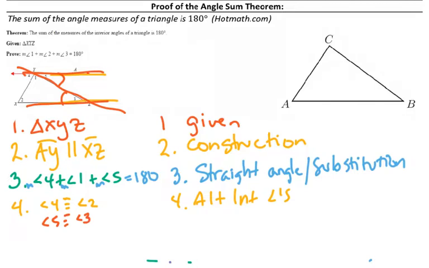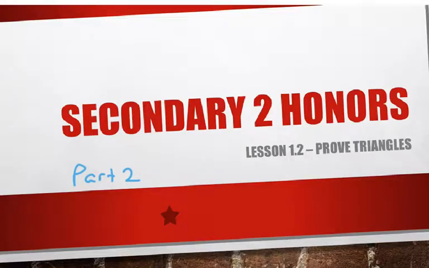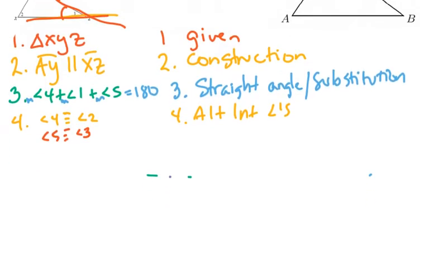Now, if angle 4 is congruent to angle 2, and angle 5 is congruent to angle 3, then I can now say that instead of angle 4, I'm going to put angle 2 plus angle 1, and instead of angle 5, I'm going to put angle 3.